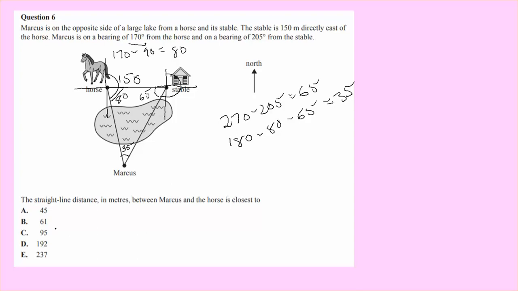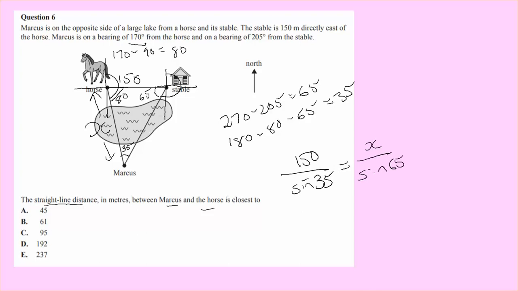So now I can use the sine rule because I have 150 over 35, and I want to find out the straight line distance in metres between Marcus and the horse. And I want to find this one. So I'm going to have 150 over sine 35 equals x over sine 65, the angle opposite.